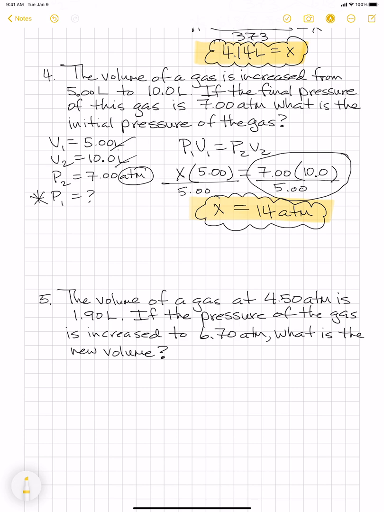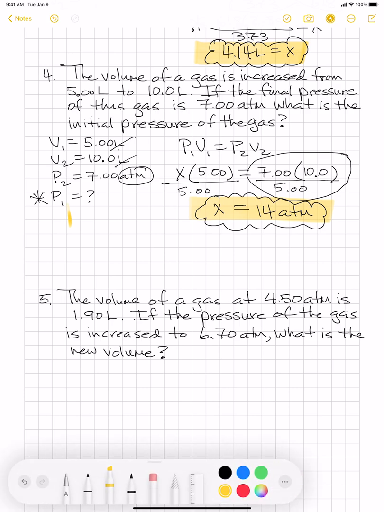We went from 5 liters to 10 liters, and from 7 atmospheres to 14, back to 14. I'm sorry, guys. Yeah, we increased the volume, and so that means that we would have had to decrease the pressure. And so it went from 14 to 7. It was cut in half.